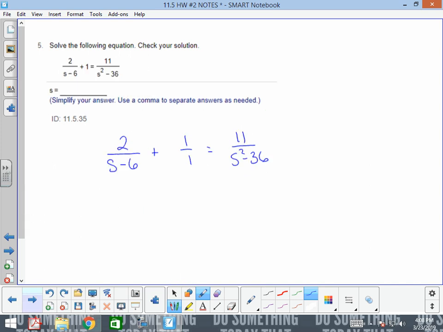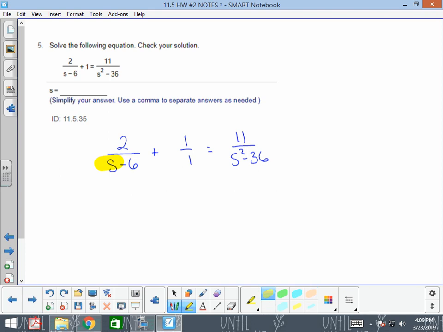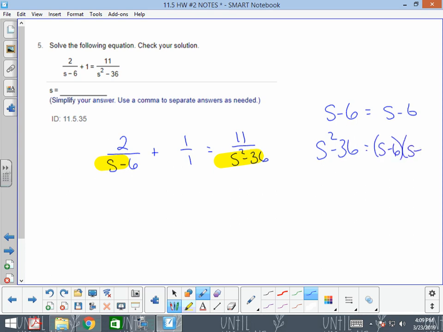Okay. Number 5. So I have two binomials, but one of the binomials will factor. And that is s squared minus 36. It factors into s minus 6, s plus 6. So they have in common s minus 6.